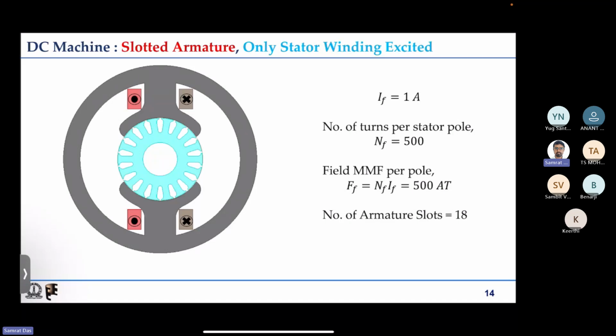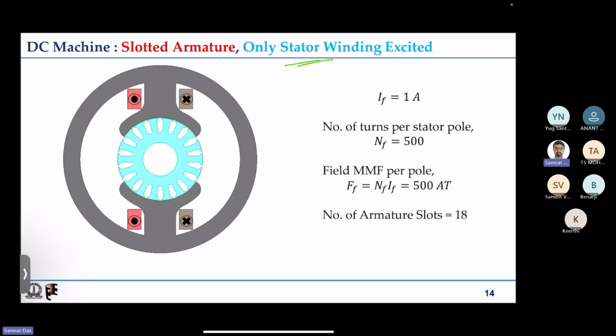What happens if we consider a slotless armature? Now we will put some slots on the armature and understand what is the impact of slots on the radial flux density distributions and tangential component distributions, and we will stick to the first case only, that is no excitation in the rotor, only stator winding is excited.